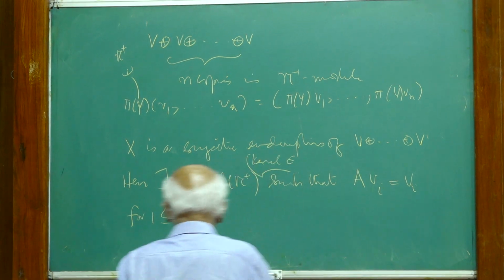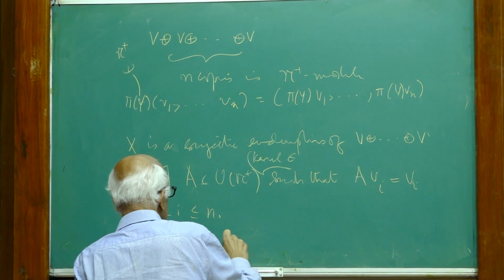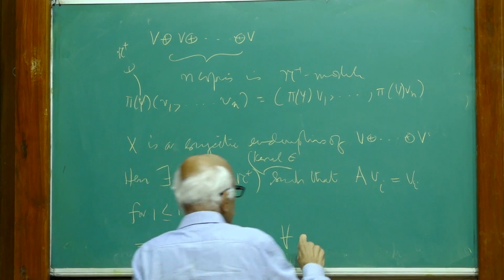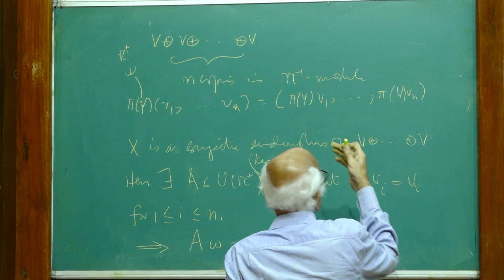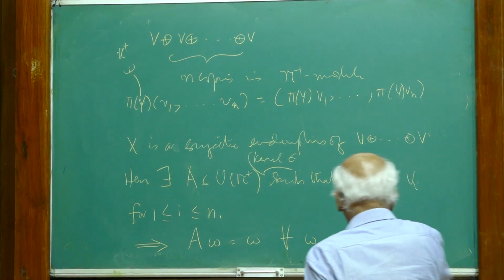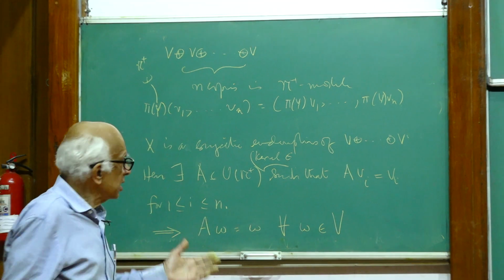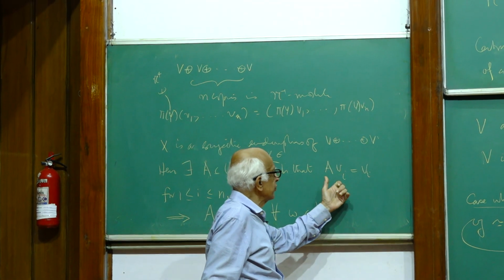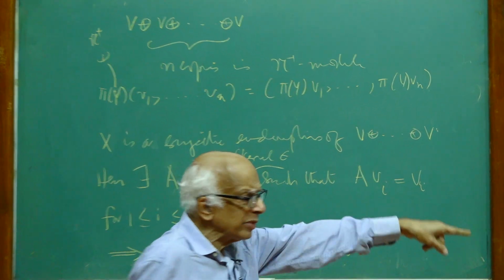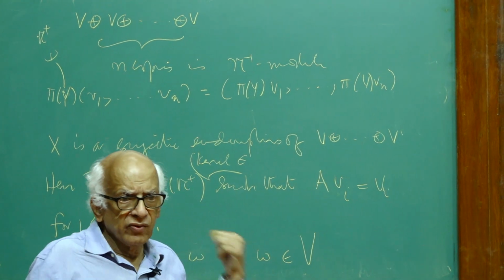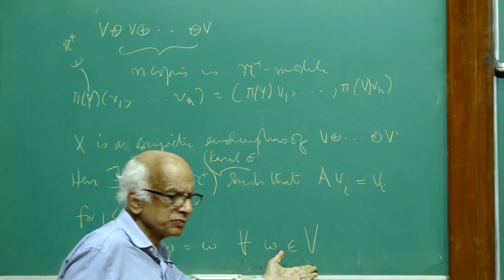Now this implies A W equal to W for every W in the whole module V, because the Vis are generators, and so any element is a linear combination of the Vis multiplied by some elements in Un plus, all of which commute with X. So you find A W equals W for every W.